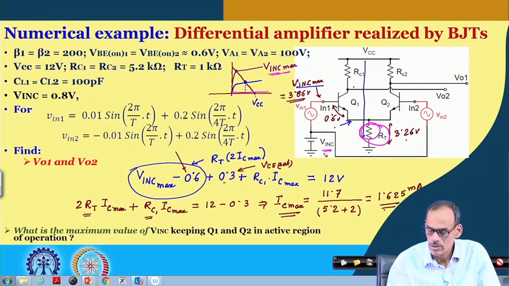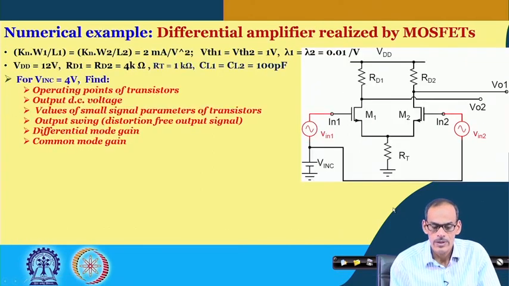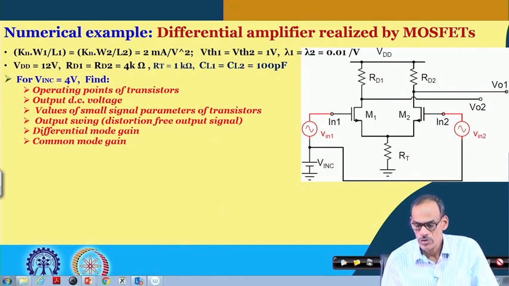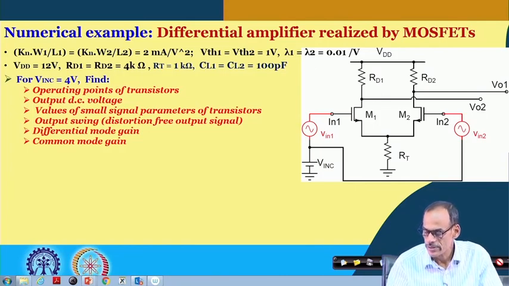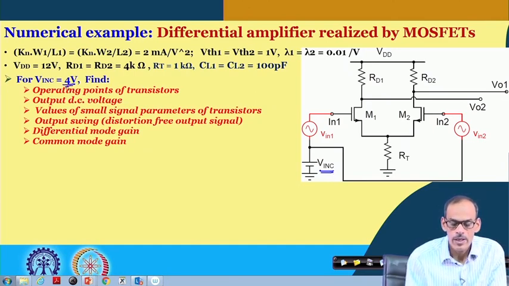Now, coming to differential amplifier realized by MOSFET and going back to the similar exercise. Yeah, so here we do have differential amplifier realized by MOSFET. It is very similar to BJT, but of course, the IV characteristic here they are different. So, again let us consider a meaningful value of the input DC voltage of 4 volt, and different parameters are given.